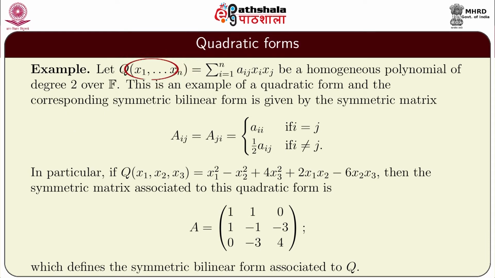Let q of x1, x2, ..., xn denote this homogeneous polynomial of degree 2 over F given by summation i equal to 1 to n, j equal to 1 to n, aij xi xj.